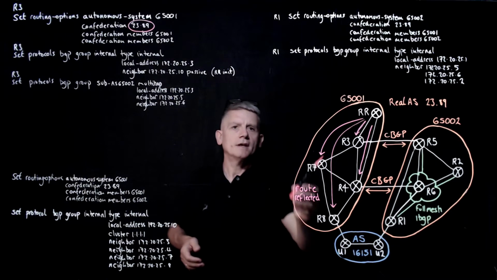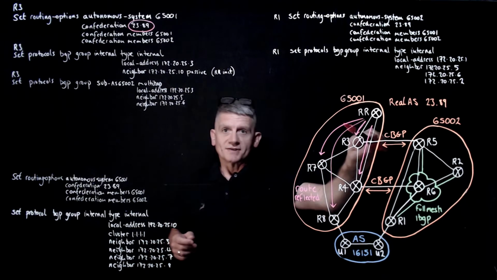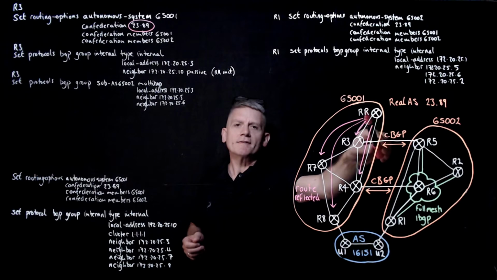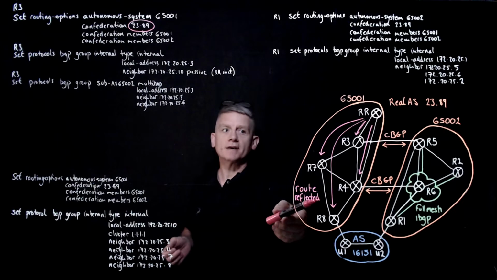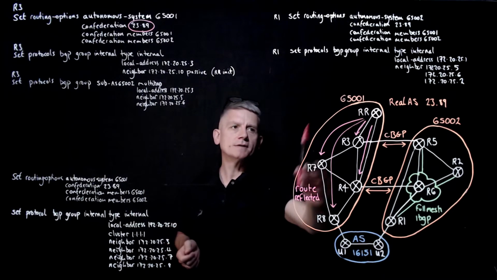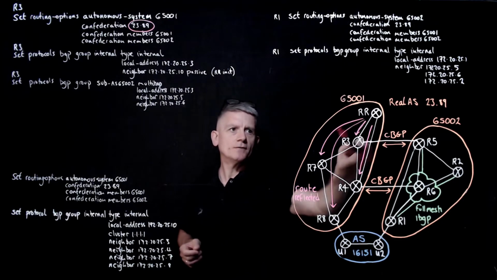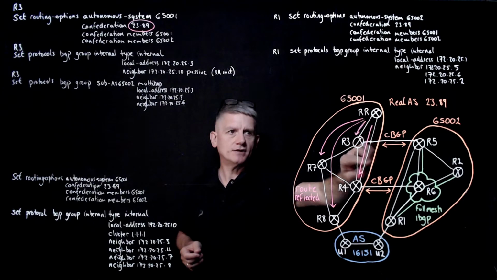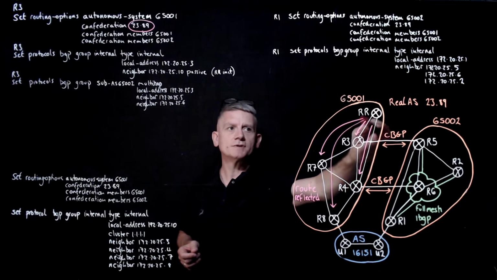So, in this sub AS here, we have a route reflector. Consequently, we need to peer with the route reflector, but we don't need to peer with all of the other BGP speaking routers. And of course, we don't need to be directly connected to the route reflector. Do bear in mind that for this, we have turned on ISIS on these two lines from router 3 to the route reflector and router 4 to the route reflector.